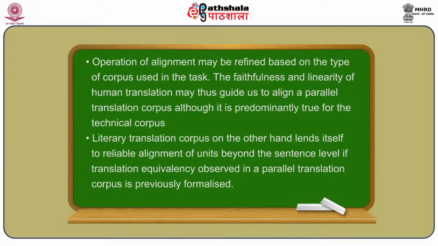The faithfulness and linearity of human translation may guide us to align a parallel translation corpus, although this is predominantly true for the technical corpus. A literary parallel translation corpus, on the other hand, lends itself to reliable alignment of units beyond the sentence level if translation equivalency observed in the corpus is previously formalized.